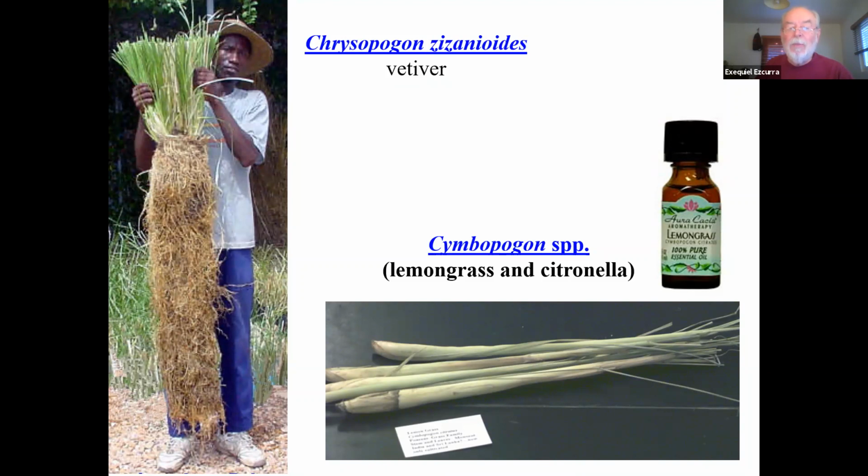And Cymbopogon, which is a very interesting grass. It looks like a grass, but if you crush the leaves and smell them, it smells like lemon peel. So lemongrass and citronella, two essential oils, are produced from Cymbopogon, also in the grass family.